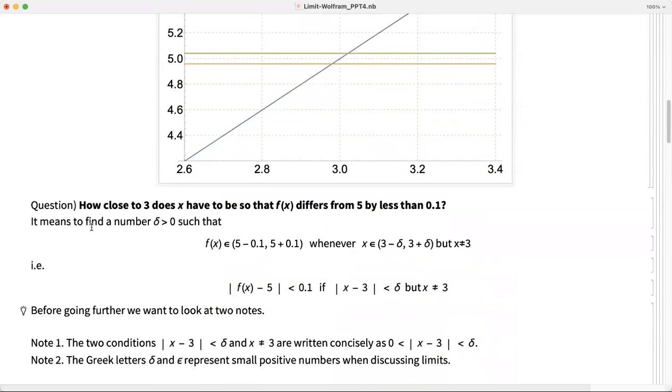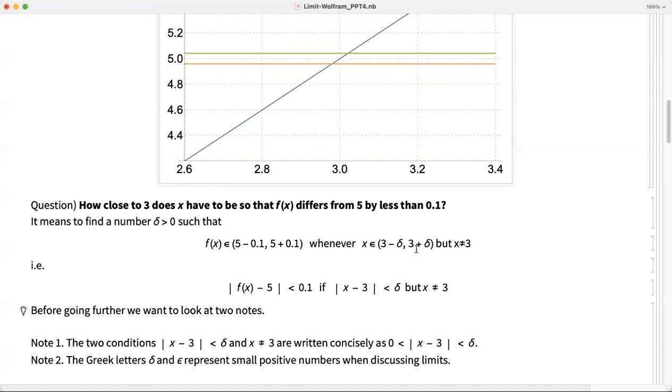Let's look at this. Expressing the limit: what we figured out for that question, how close to 3 does x have to be so that f of x differs from 5 by less than 0.1, means we want to find a number delta such that f of x is within the interval 5 minus 0.1 to 5 plus 0.1 whenever x belongs to the interval 3 minus delta to 3 plus delta, but x is not equal to 3.